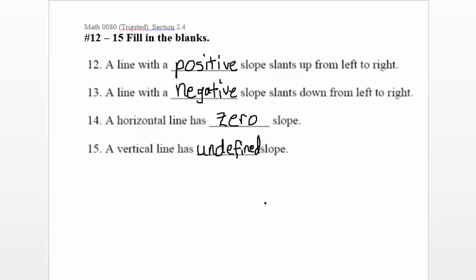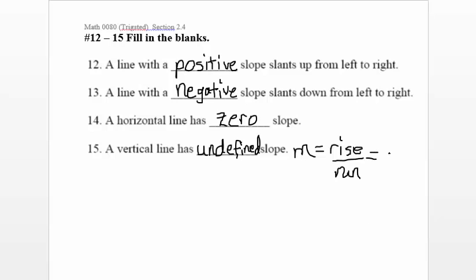And that's because there's no change for undefined slope in your rise over run. When your line is vertical, there's no change in x, but there is a change in y.